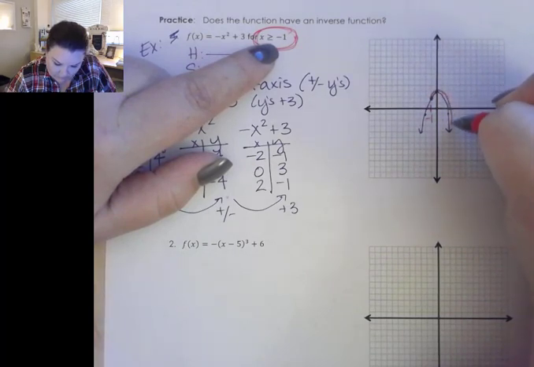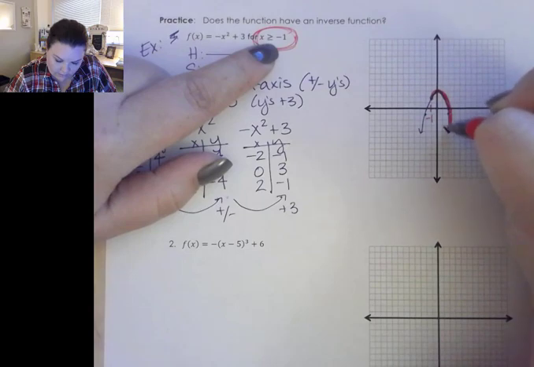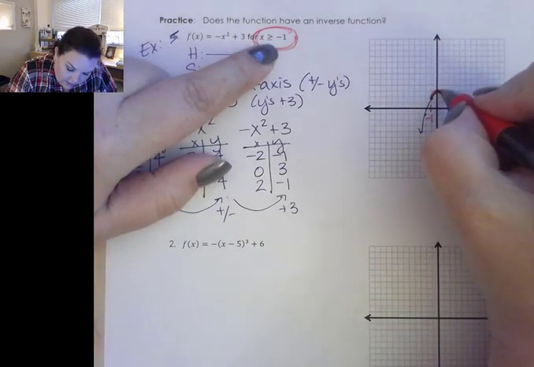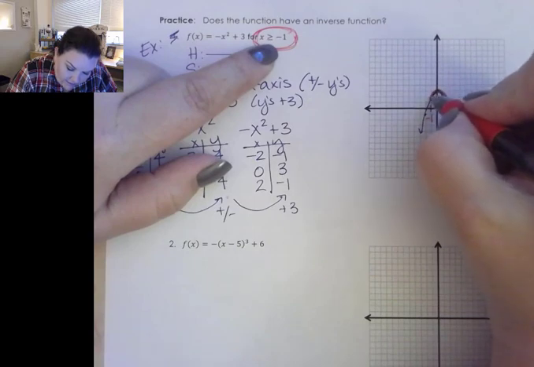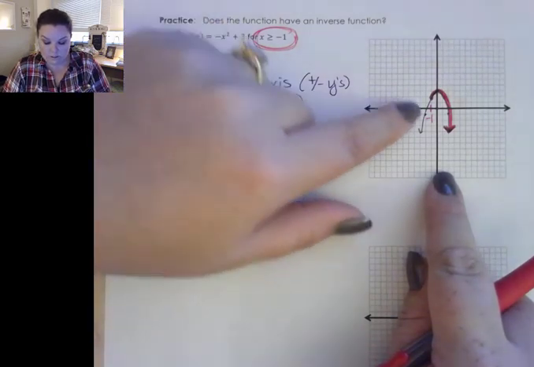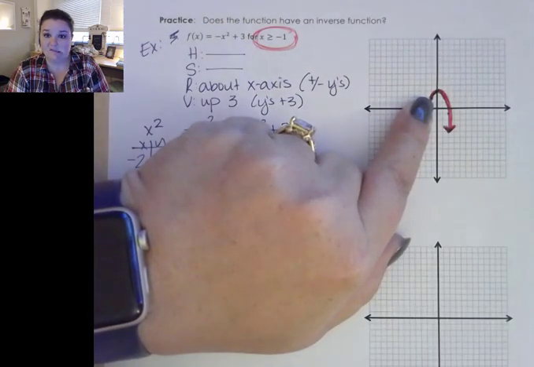Any of this parabola to the right, which is going to be this whole piece, right? I'm going to go ahead and make this super bold. All right, so looking at this entire piece that starts at negative 1, would this entire piece right there pass the horizontal line test?